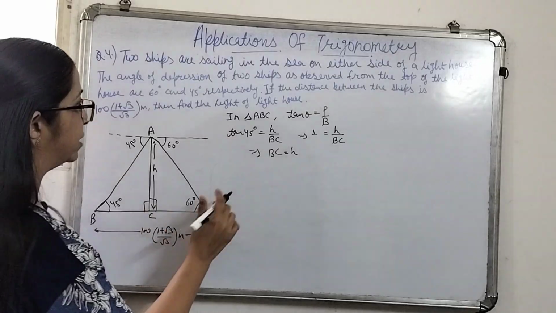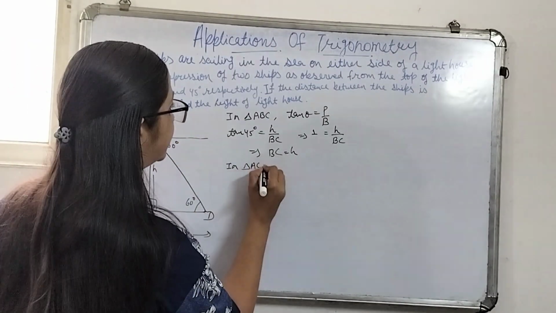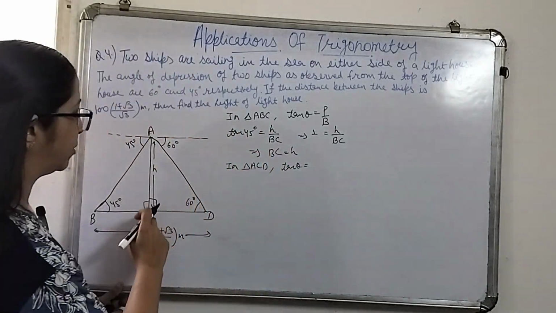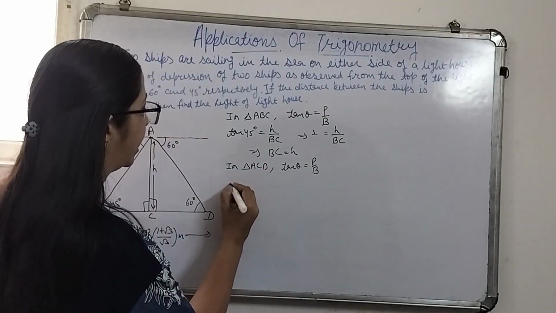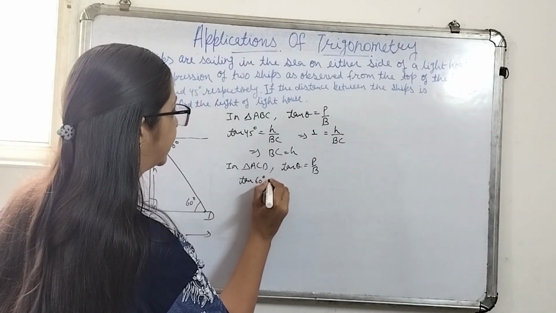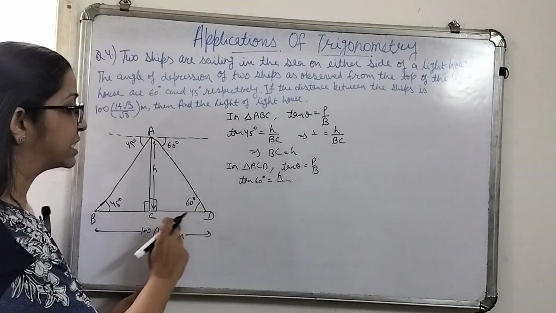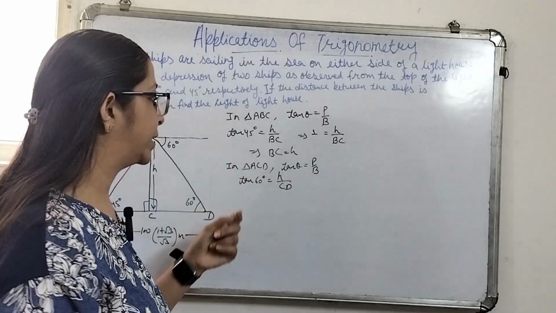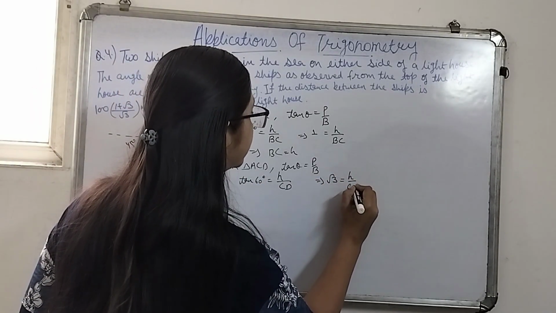Now if we are going to see the triangle ACD, in this triangle again we will be applying tan theta only because we want the relation between perpendicular and base. Tan theta is perpendicular to base and over here the angle is 60 degree. So tan 60 degree is equivalent to perpendicular h and base CD. Value of tan 60 from the table we can take as root 3. Root 3 equals h over CD.